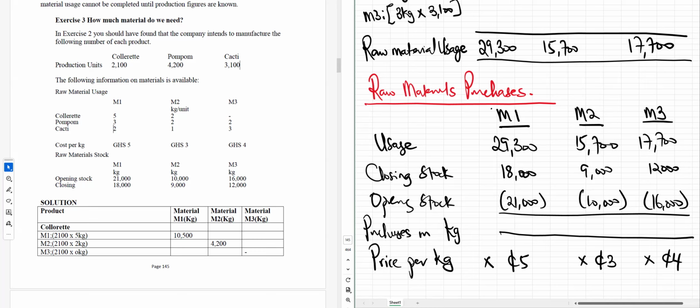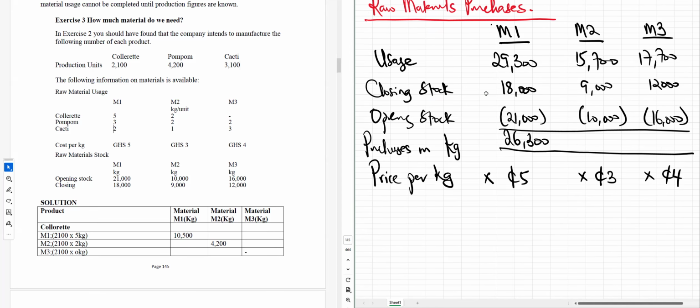Only 26,300 for M1. And then the second one? Please, you need to speed up. 14,700. Okay, and the last one?